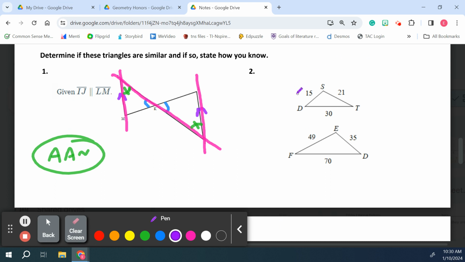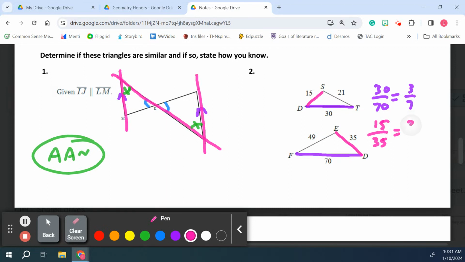Now looking at this, we're going to again have to identify those sides. The easiest thing to do is identify the longest side first, and put those over each other and see what we reduce to. So this first one's going to be 30 over 70, which reduces to 3 over 7. The next one, 15 goes with 35. Those are the smallest. So I'm going to have 15 over 35.